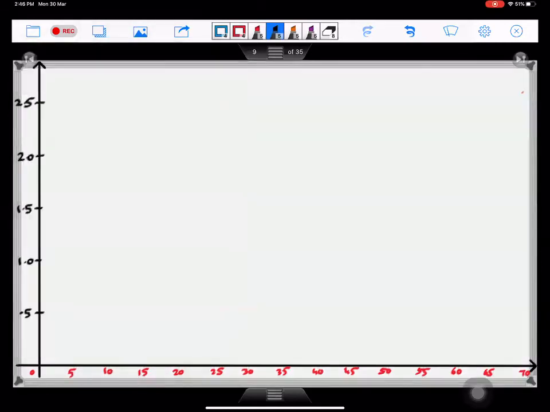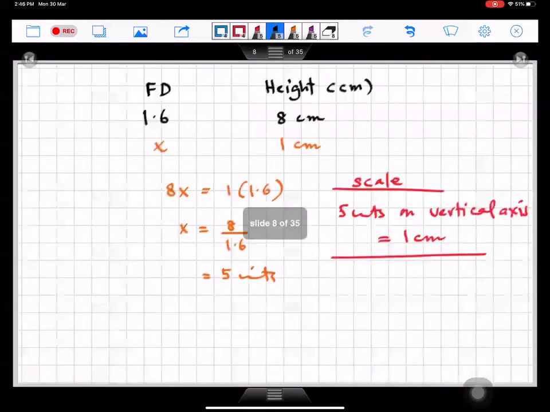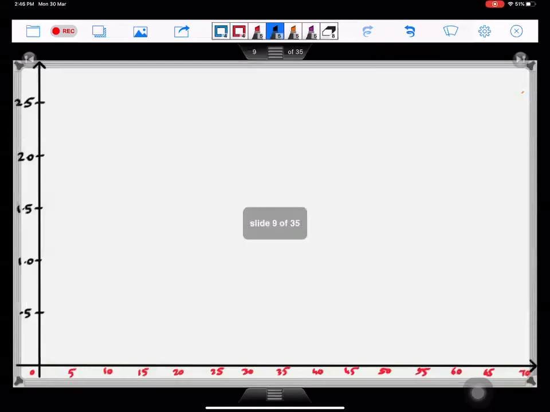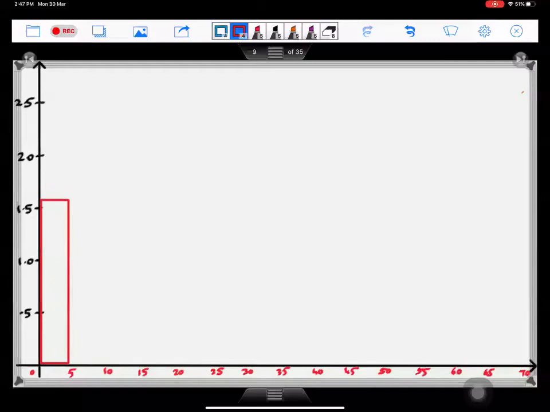Okay, so now from 0 to 5, the frequency density is 1.6. You will be labeling the frequency density, but on the graph paper, you have to take care of the scale. So first and foremost, between 0 to 5 is 1.6, something like this. Okay, it's just a rough graph.